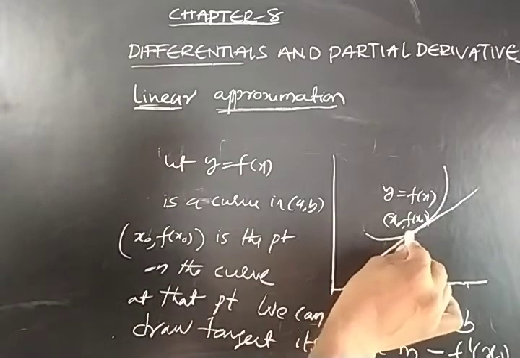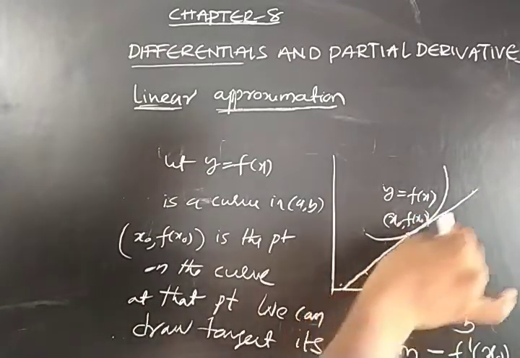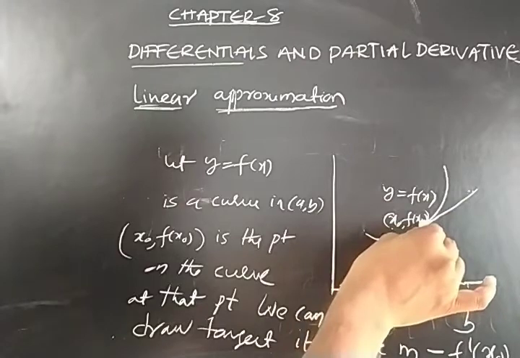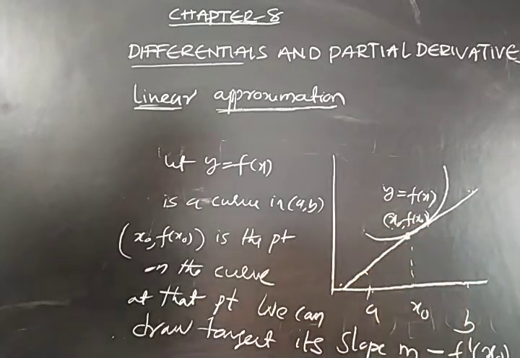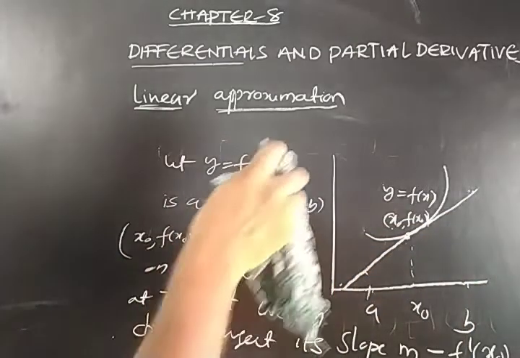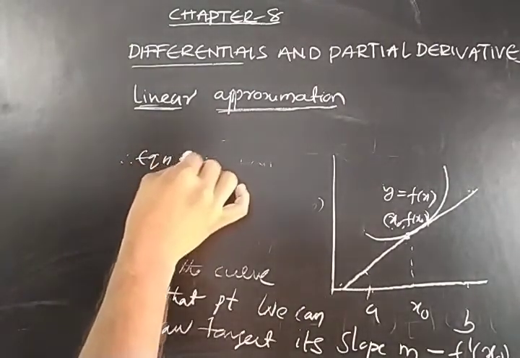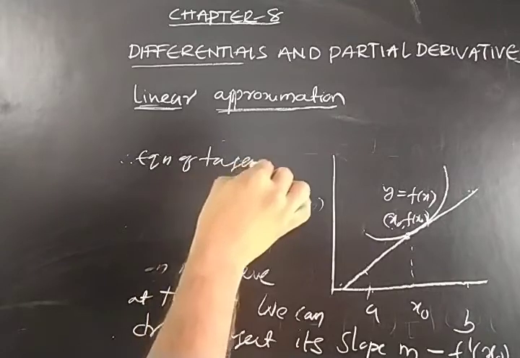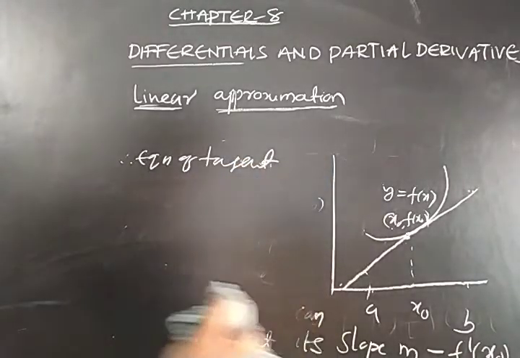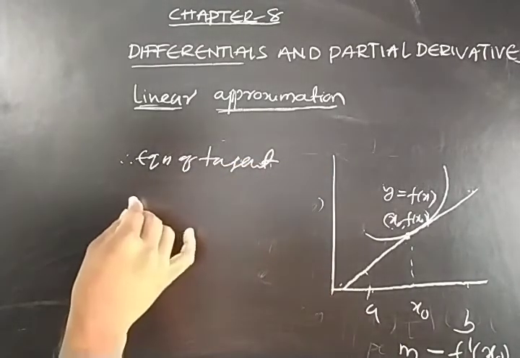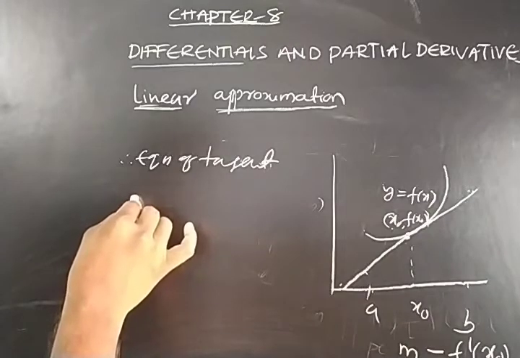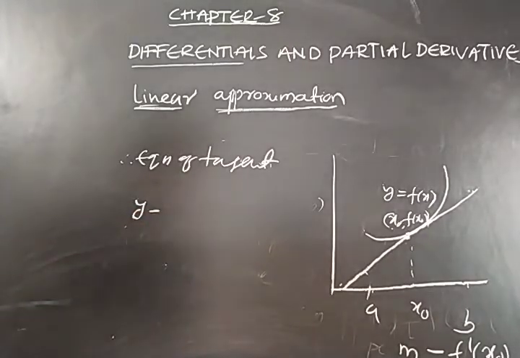Now we have one point on the tangent, x naught comma f of x naught, and we have the slope of the tangent. So we can derive the tangent equation. Now the equation of the tangent, in slope one point form: y minus y1, what is y1 here?